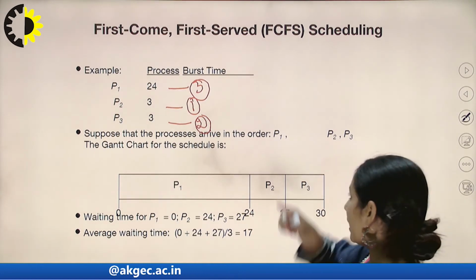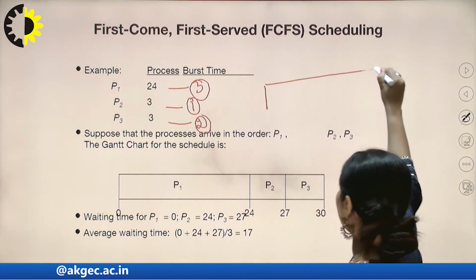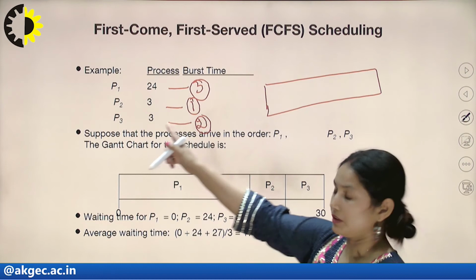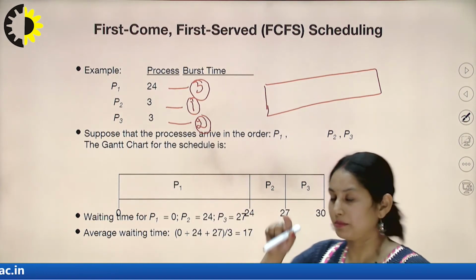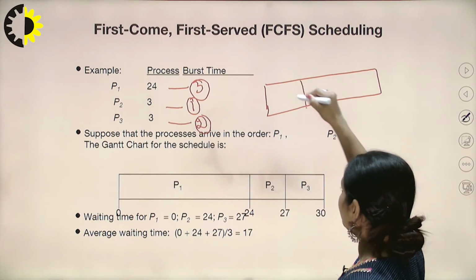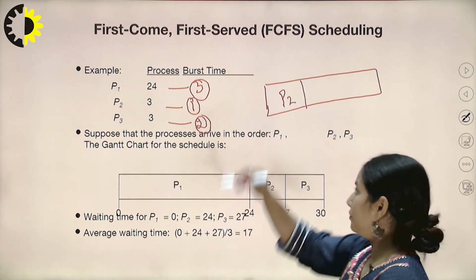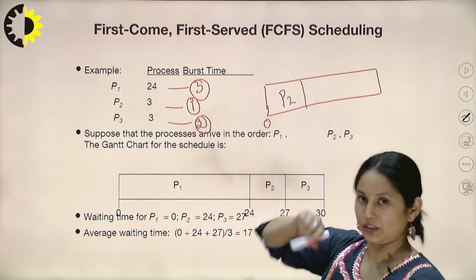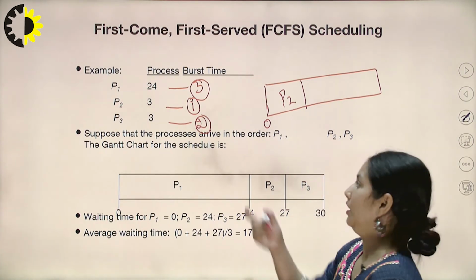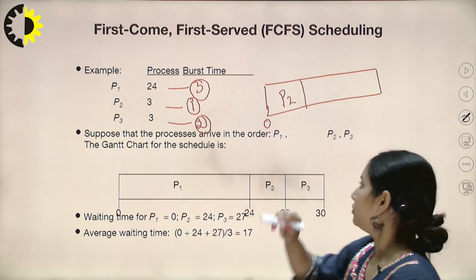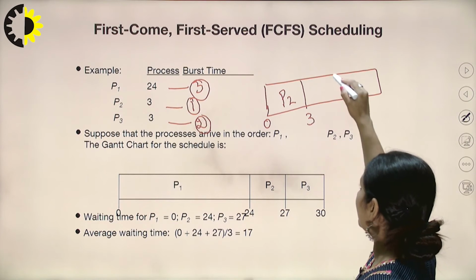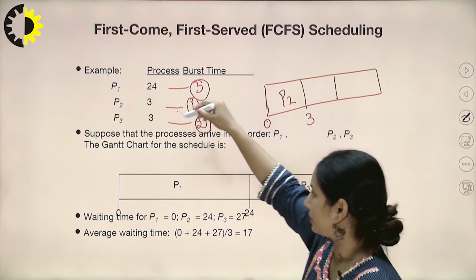If I have to prepare a Gantt chart here, the first one is P2, so execution will happen for P2 first. The response time for P2 will be 0 because that is the first process, and the execution will go up to 3 units. Then P2 is done.